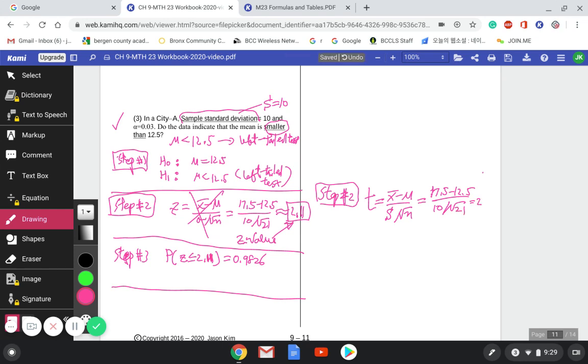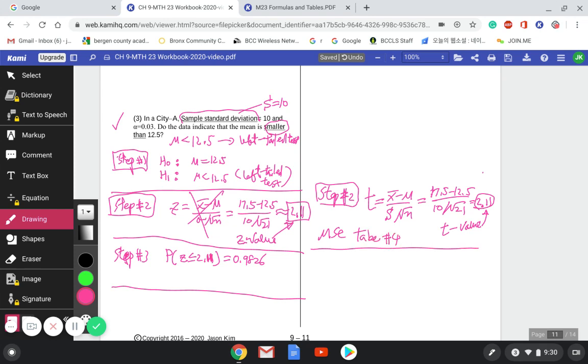So you got 2.11, which is now a T value. When you have a T value, use table number 4, not number 3.